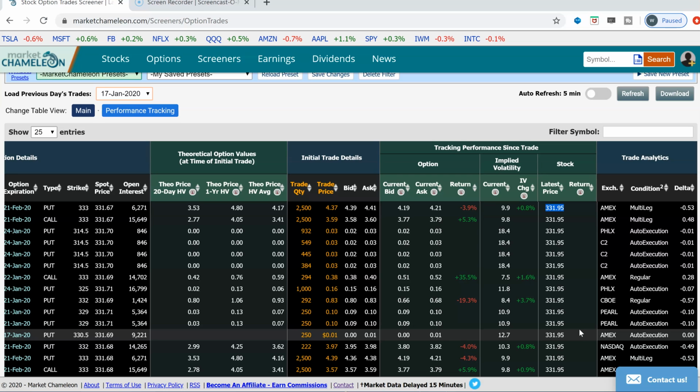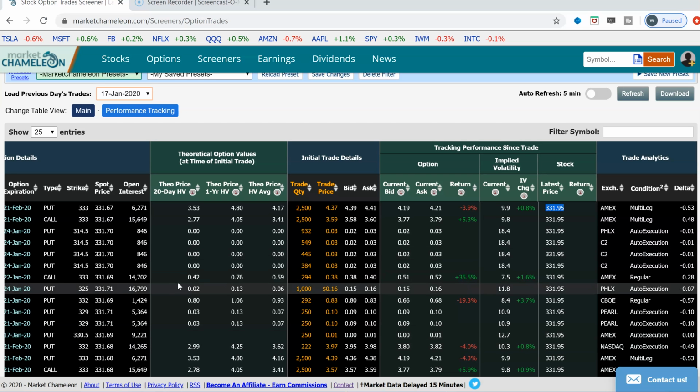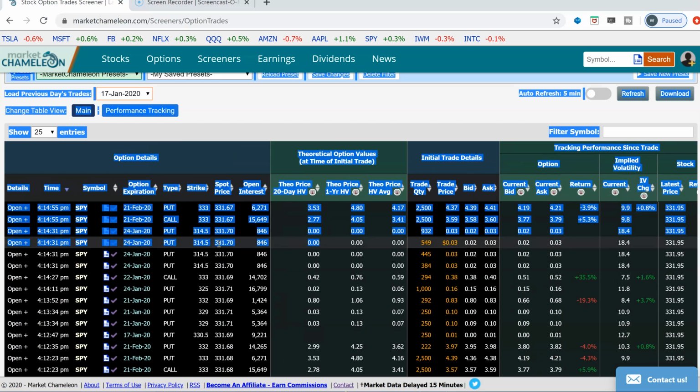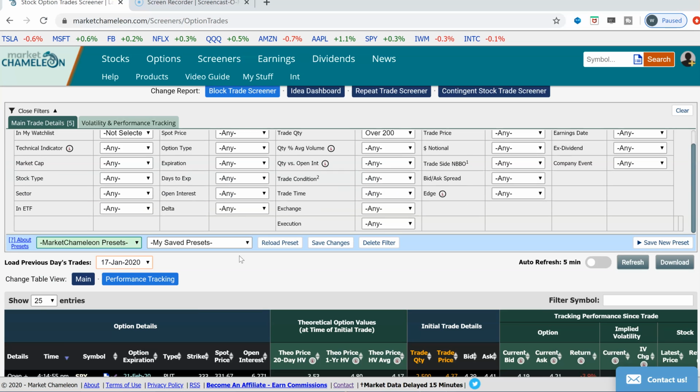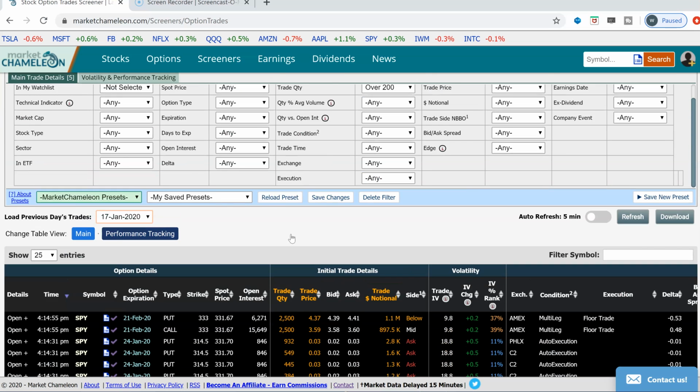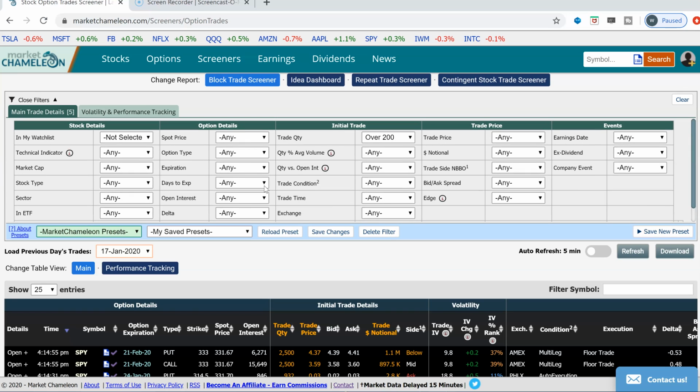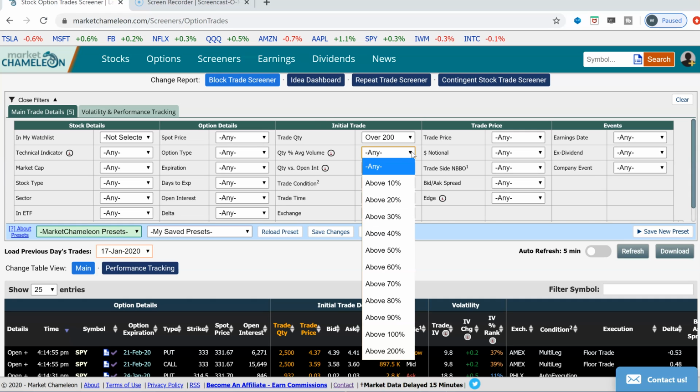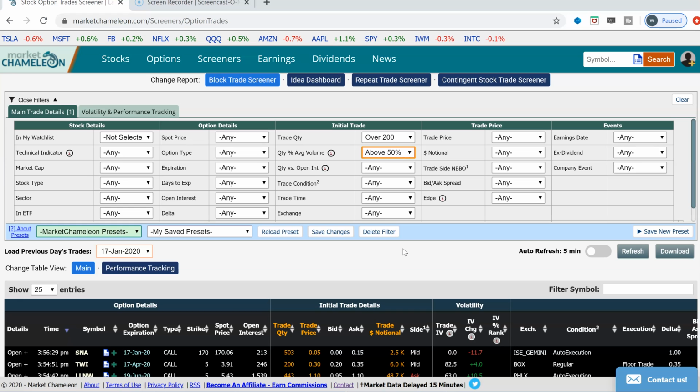So now that we have these statistics, let's go and test some theories. Let's first go back to this main view, and I want to test a certain theory, for example. Let's say the first thing I want to do is look for very large options trades. Let's say that the volume of the option trade, just that one trade, is at least 50% or more of the average daily volume.